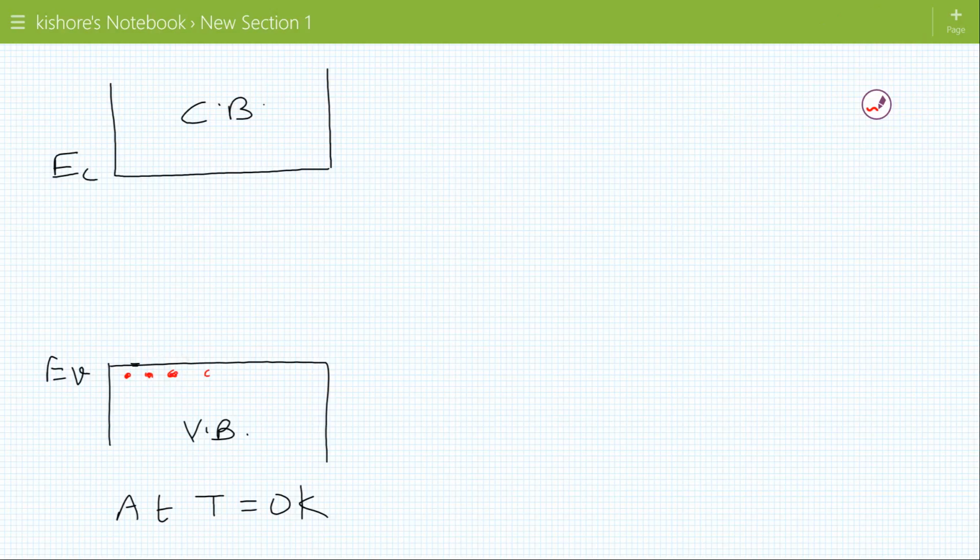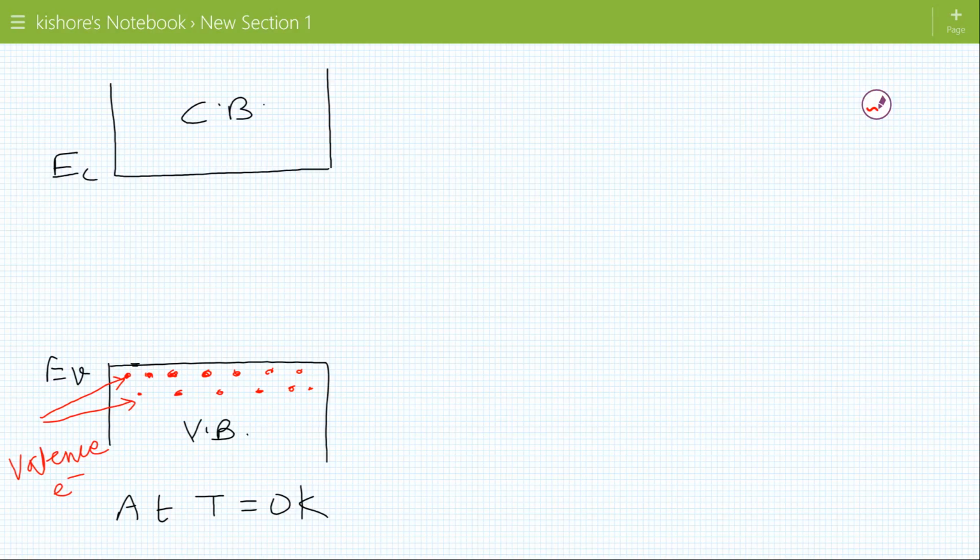So these are valence electrons. They are part of covalent bonds. This is the energy band diagram of an intrinsic semiconductor.